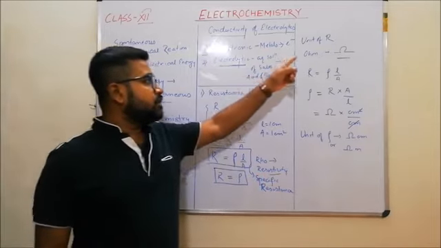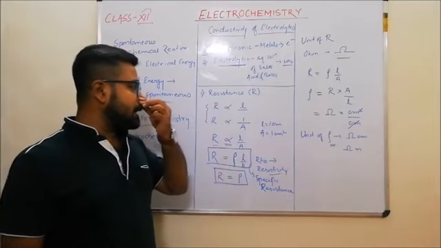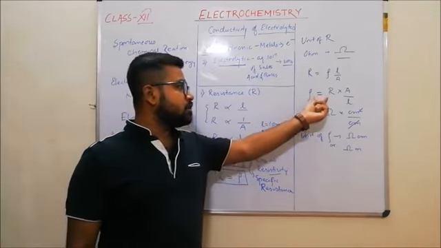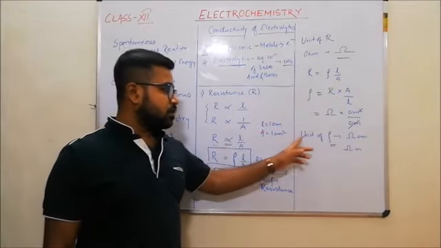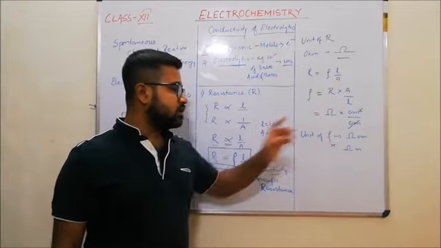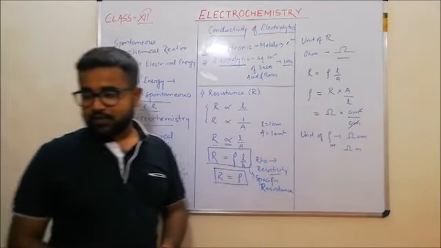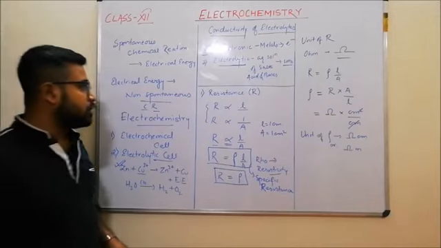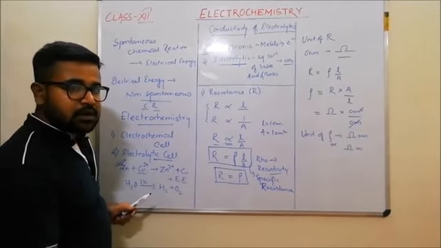Similarly, the unit of R is ohm. So we can write the formula like this: ohm equals resistance into area of cross section by L, and from there we get the unit of resistivity as ohm centimeter or ohm meter. So this is all about resistance and resistivity.